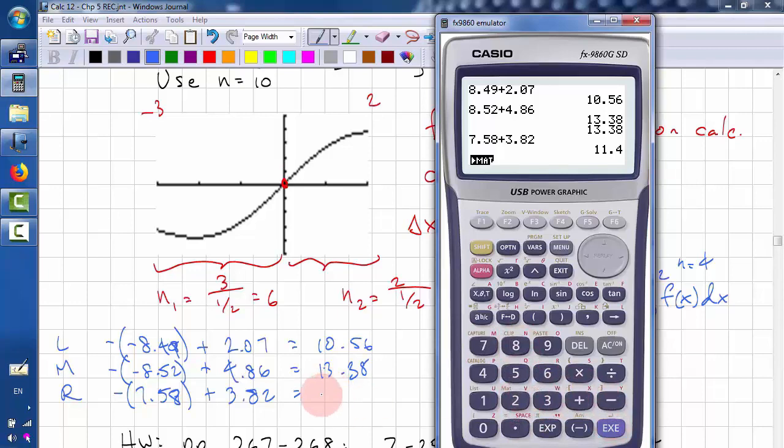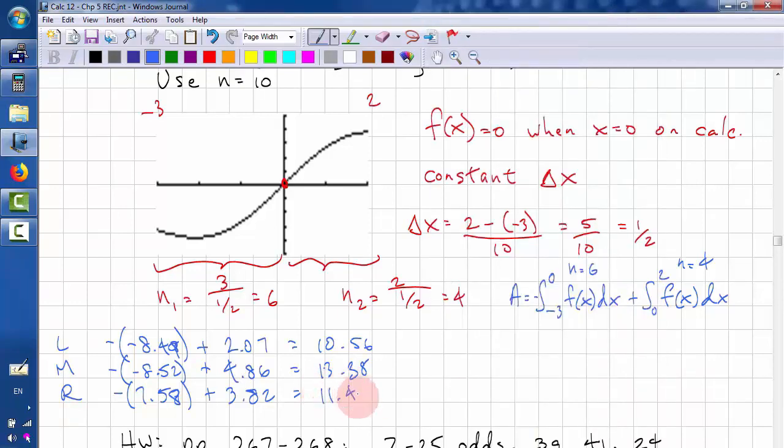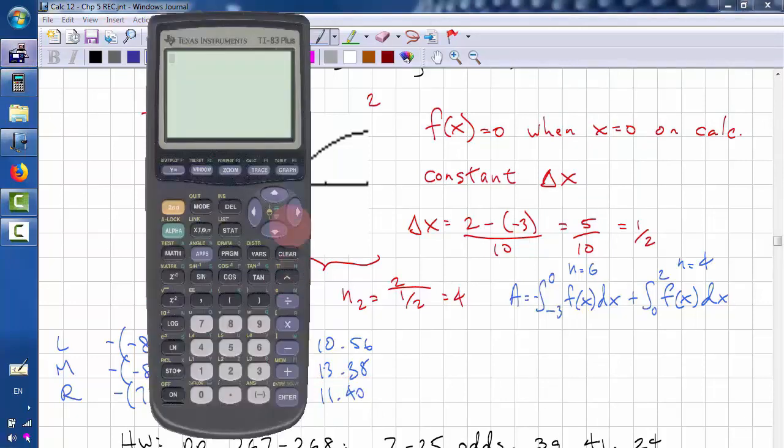And 11.4. Okay, this is going to be different on the TI because of rounding errors.